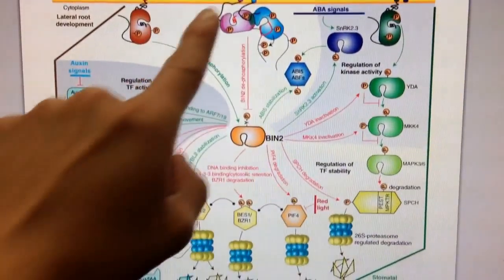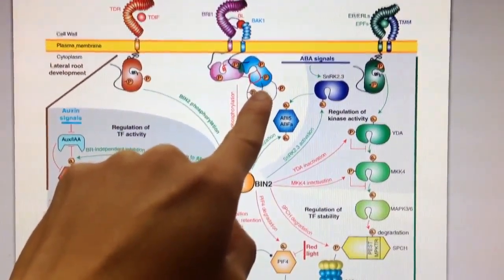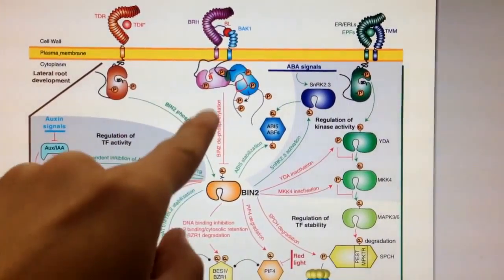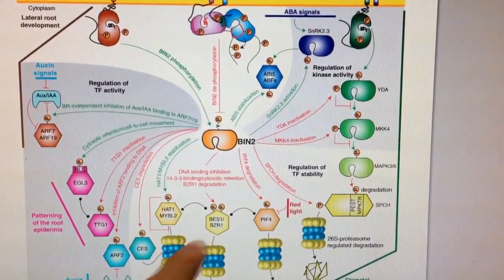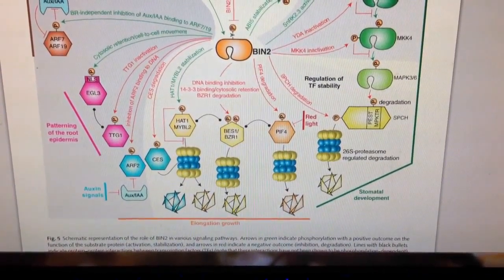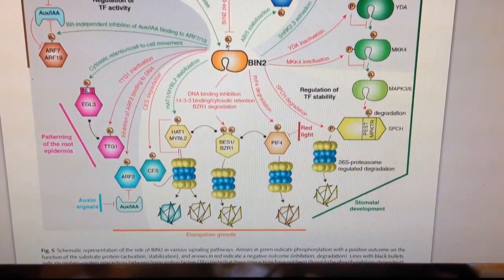BRI1 and BAK1 regulate the function of BIN2 indirectly because the mechanism is still unclear. BZR1 and BES1 directly bind to the promoter of BR responsive genes to regulate their expression.